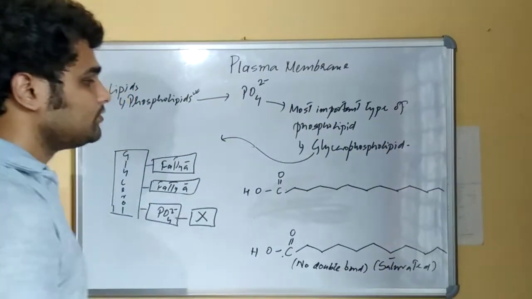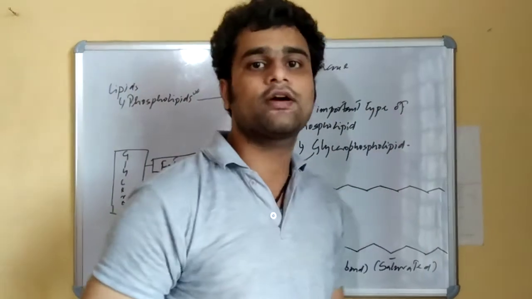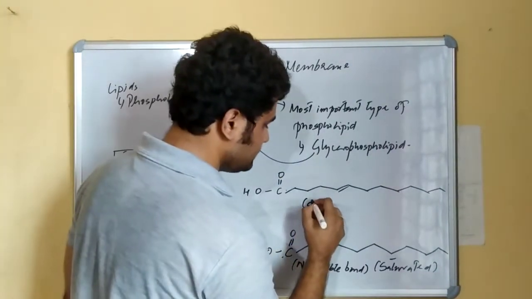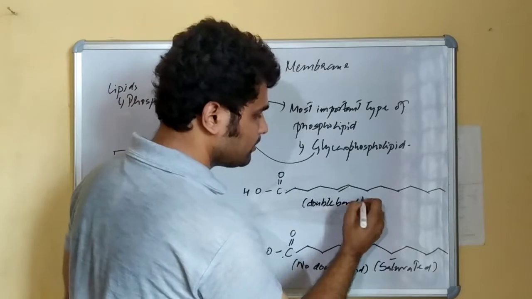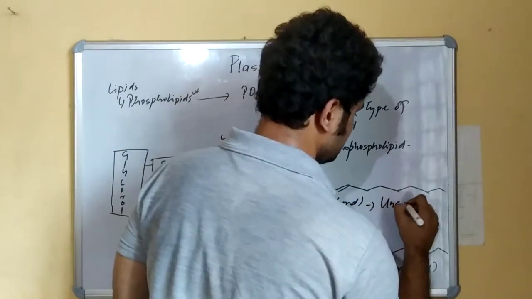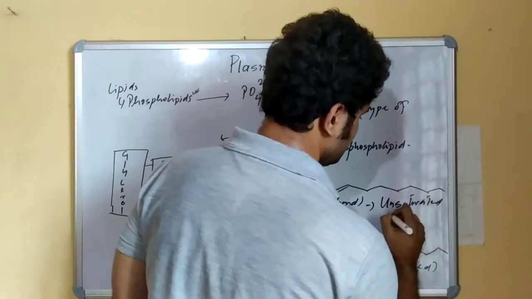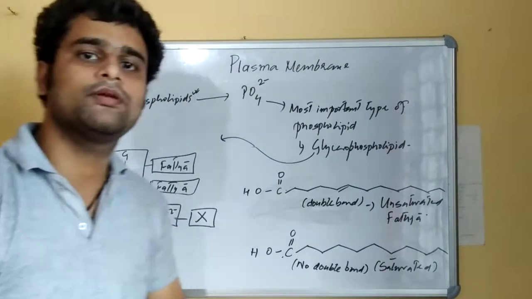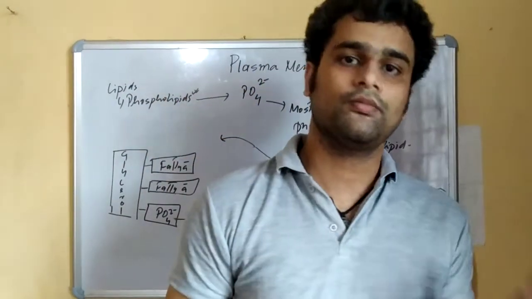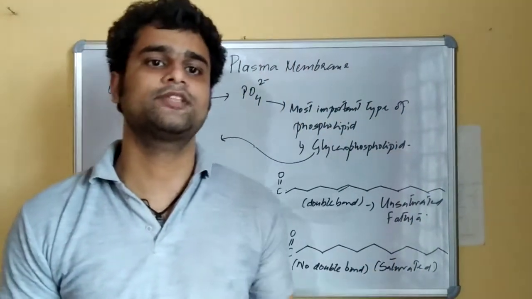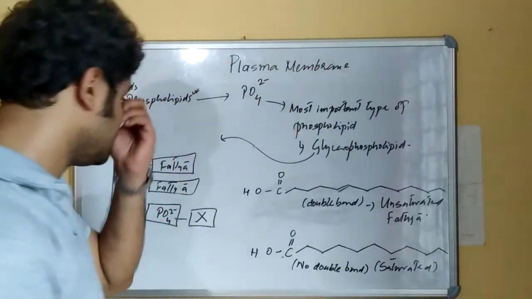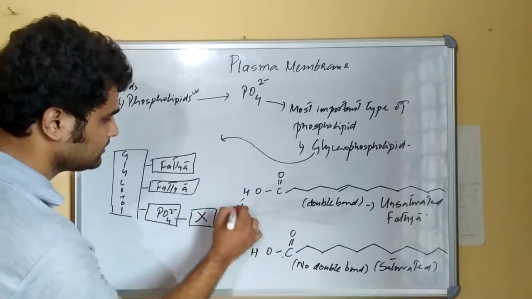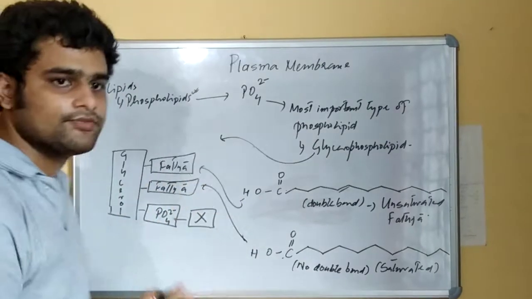Now, somewhere in this 12 carbon chain, if I give a double bond here, so there is a double bond present, this means that this is an unsaturated fatty acid. The presence of a double bond means unsaturated. Absence of a double bond means saturated. So this is the general structure of a fatty acid.